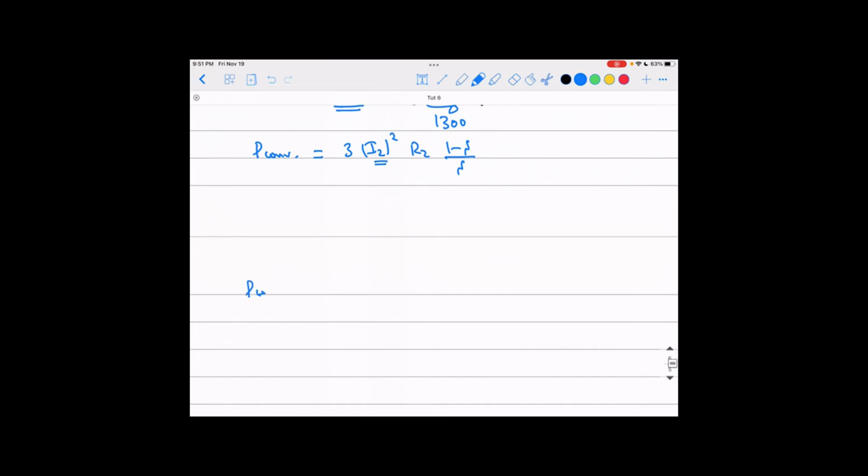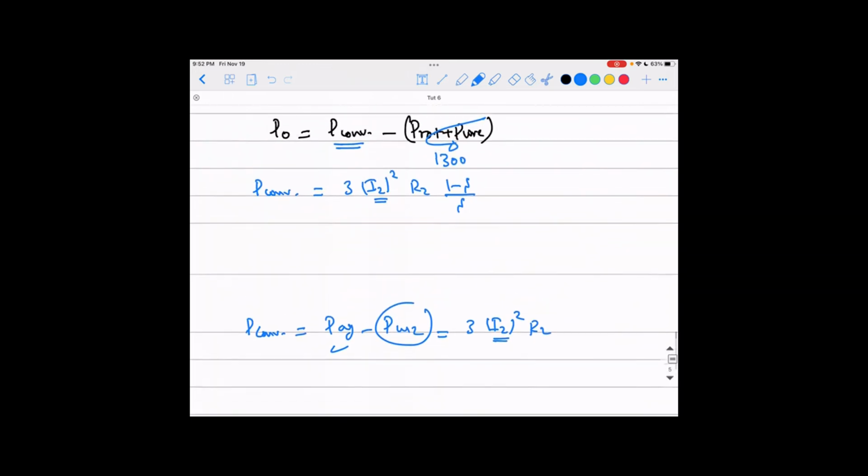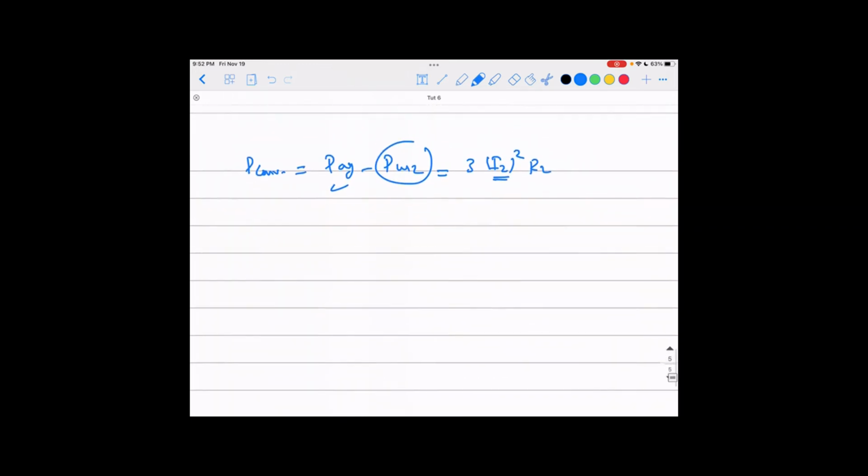So P converted equals P air gap minus P copper in the rotor. You have P air gap in hand, but P copper in the rotor equals 3 I2 as a magnitude squared R2. Again, you don't have I2. You can calculate it.